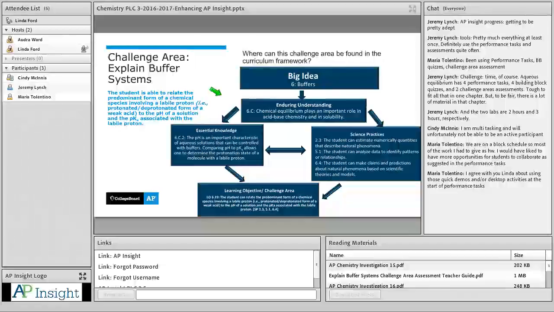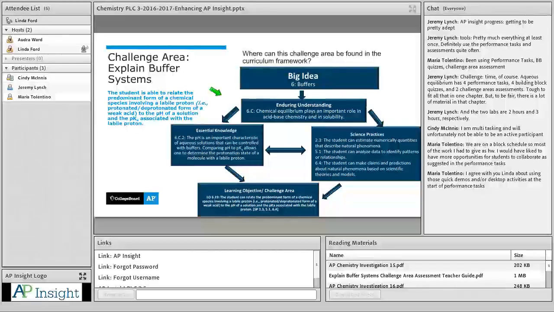So I guess the question we can have here is, where can this challenge area be found in our curriculum framework? I think that this topic was chosen mainly because most of us probably are working with equilibrium right now in our classrooms.